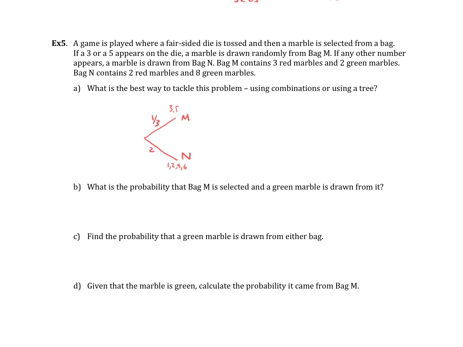This is 1 out of 3, and this is 2 out of 3. And then bag M is 3 red and 2 green. So this is 3 out of 5, 2 out of 5. N is 2 red and 8 green. So this is 2 out of 10 and 8 out of 10.